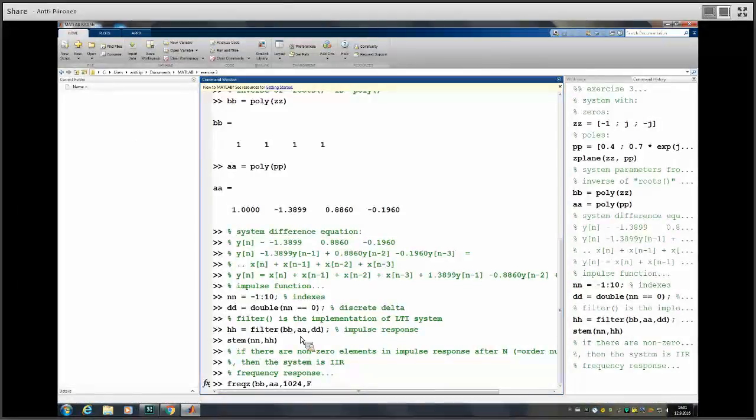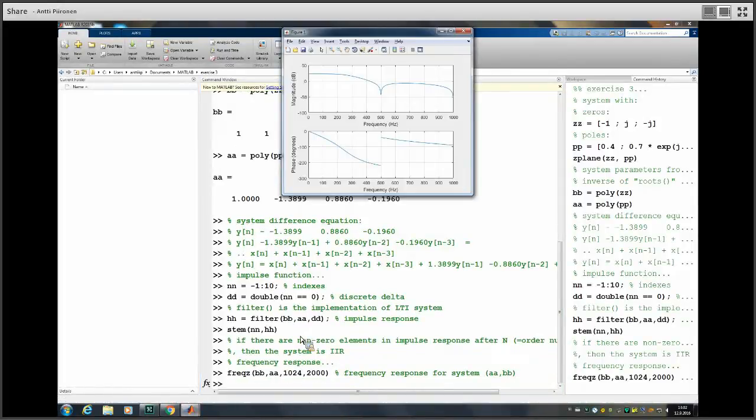I didn't put anything, but I will use, for example, a 2 kilohertz sampling rate. So that's the frequency response for the system defined by a and b, and okay, there it is. Let's just put it there and then we'll take a closer look.